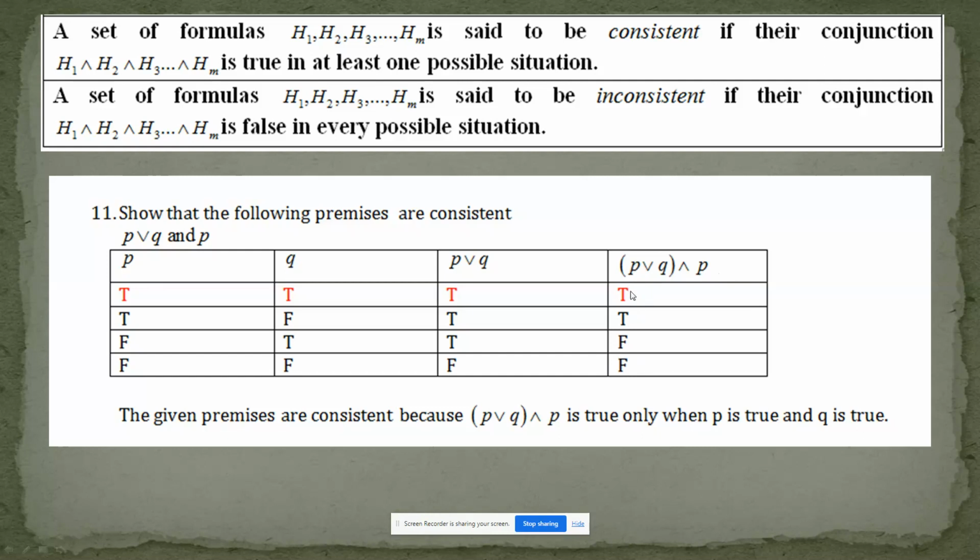Yes, there is a true in the first row. P implies Q and P is true when P is true and Q is true. So P implies Q and P is consistent only when P is true and Q is true.